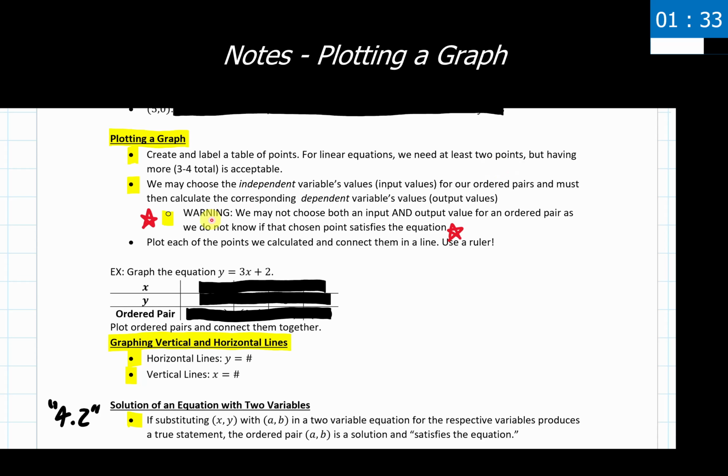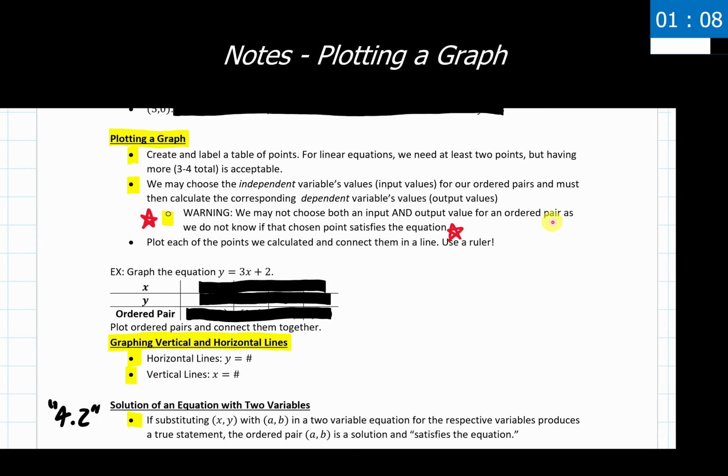Now, big warning here, because a lot of people misinterpret what this bullet point means. You cannot choose an input and an output value for an ordered pair. That's the equivalent of taking a set of axes and randomly picking a point on there and saying, I think this point is on that graph.